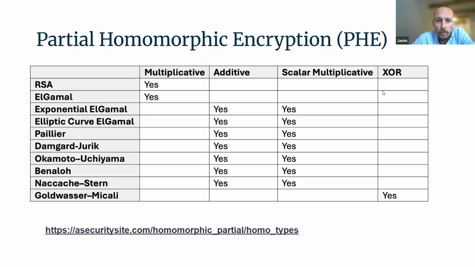So you can see that none of these homomorphic encryptions do everything, right? And that's the point here, they all do one thing, but they don't necessarily do everything.